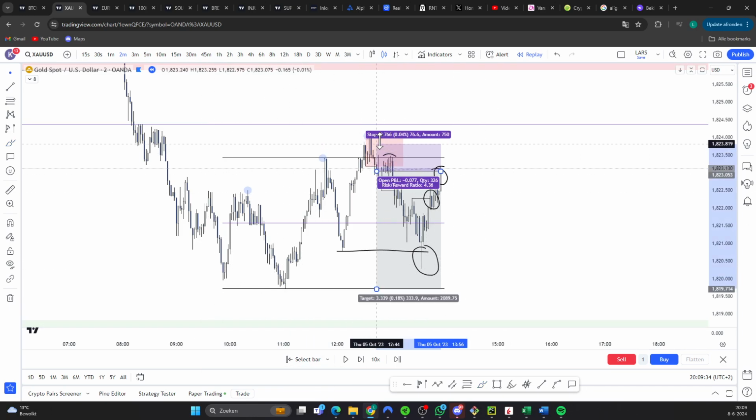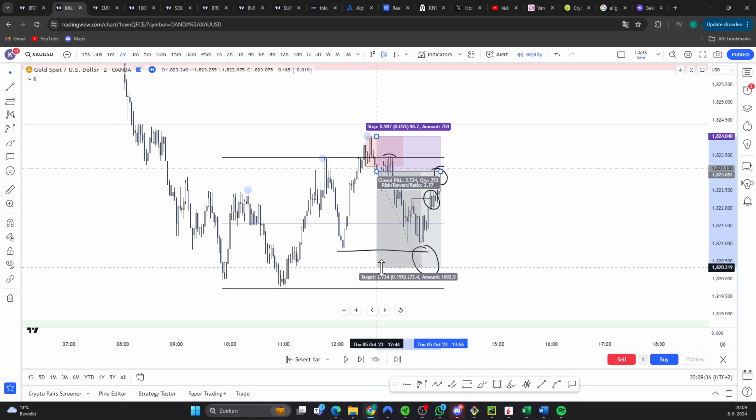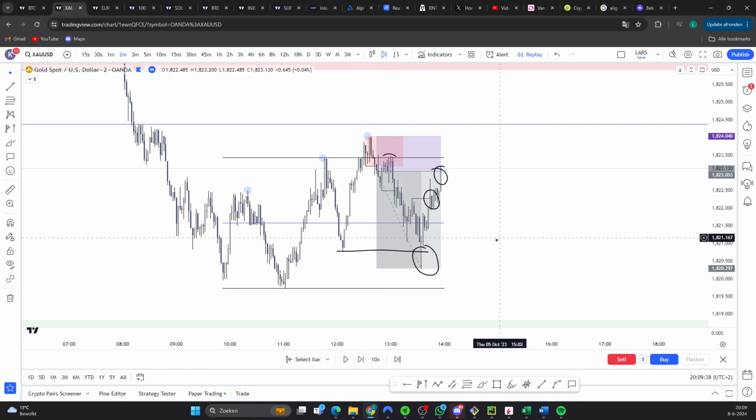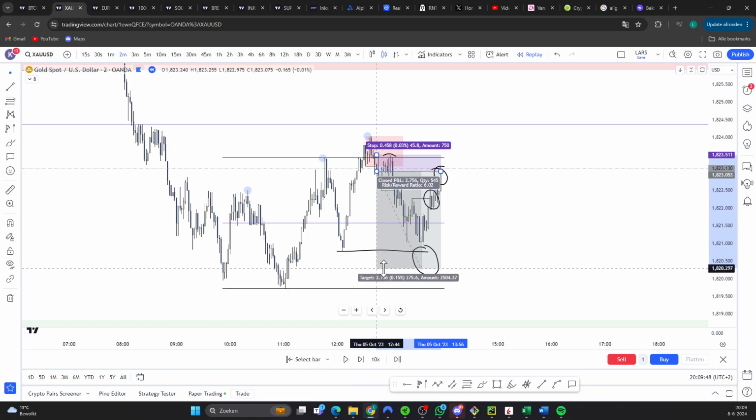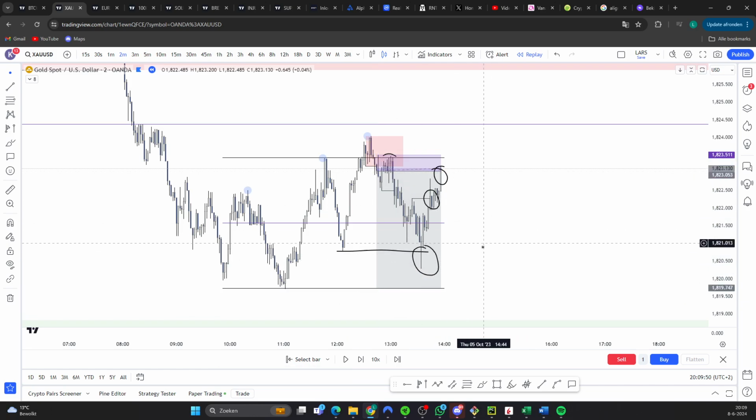So we were up 2.8%, but with the Model 1, your target is here. So no TP would have been hit. Break even trade. Okay.